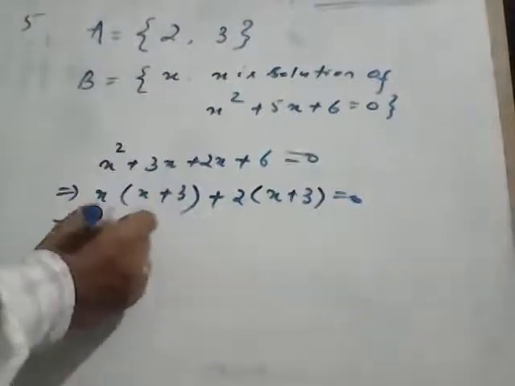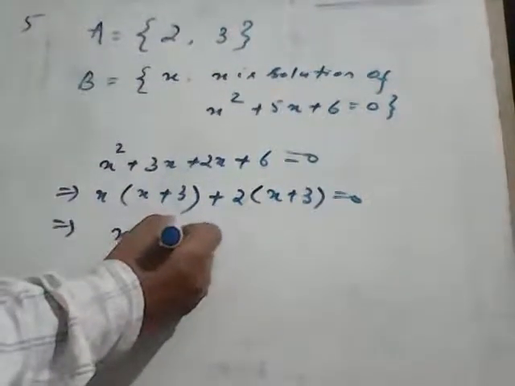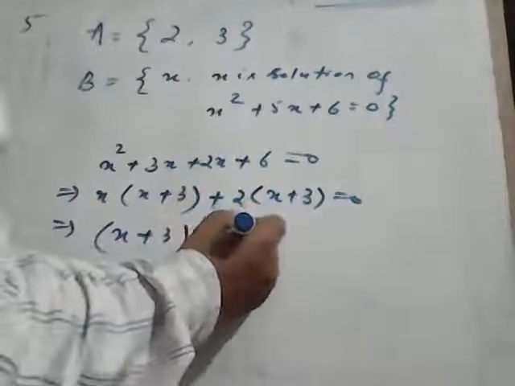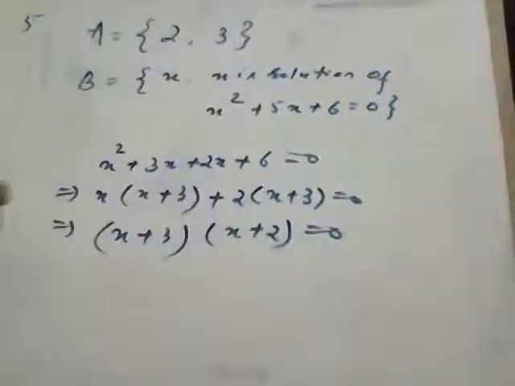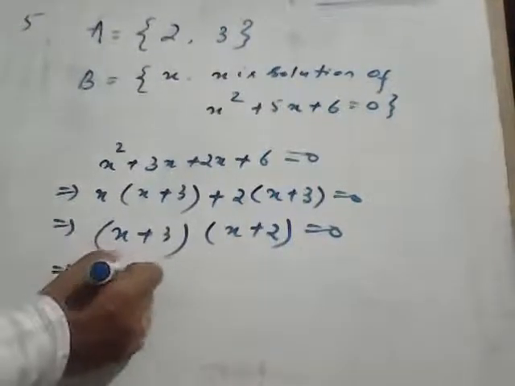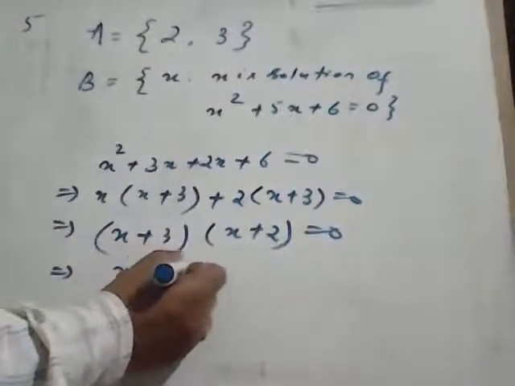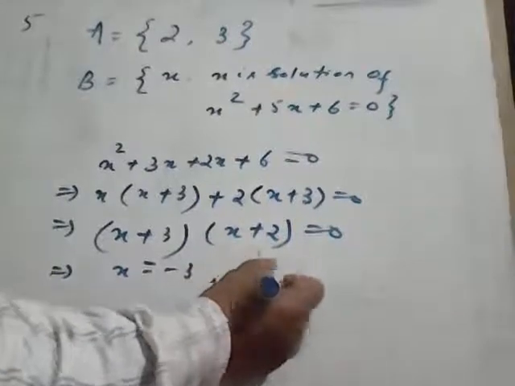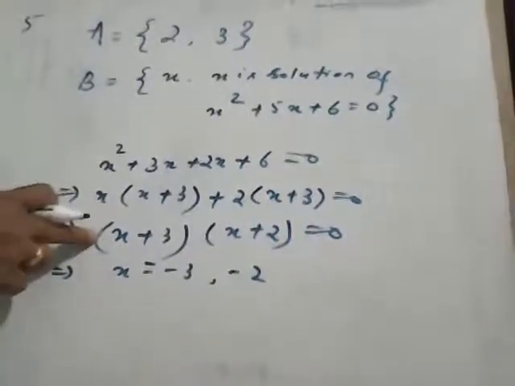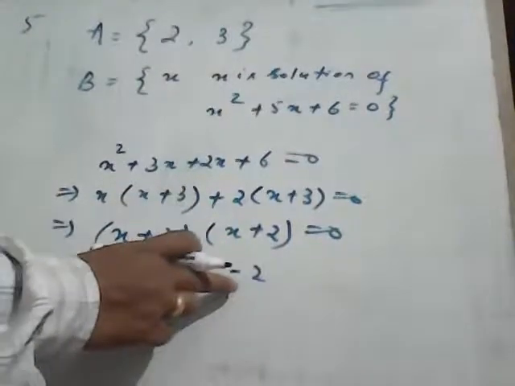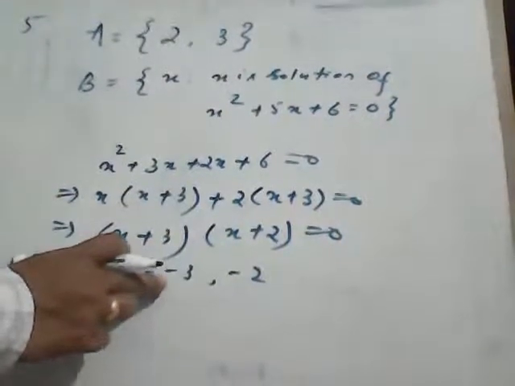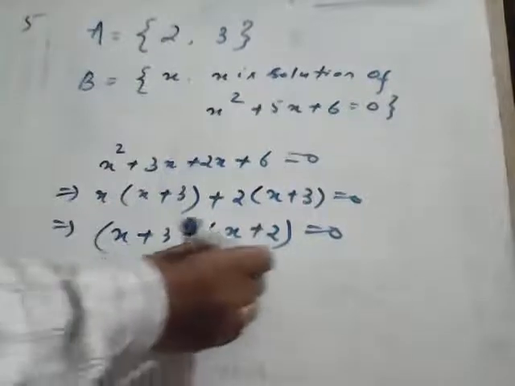Now taking x plus 3 common, we get x plus 2. Equating each term to 0, x plus 3 equal to 0 gives x equal to minus 3, and x plus 2 equal to 0 gives x equal to minus 2. Now we are getting minus 3 and minus 2.